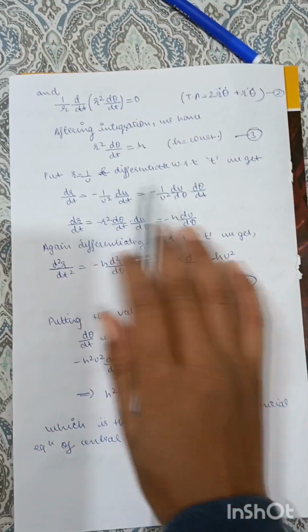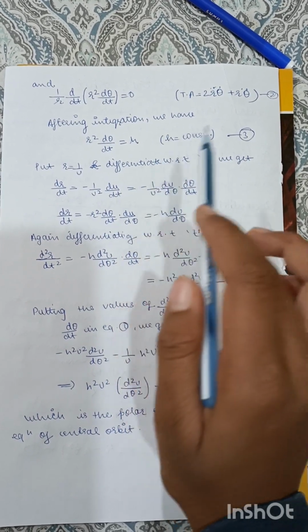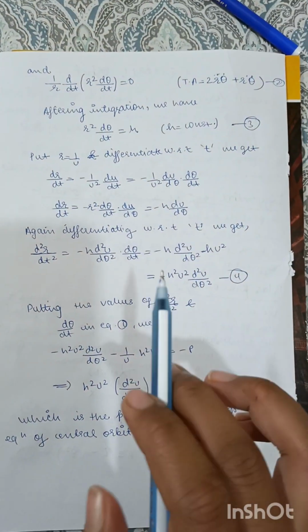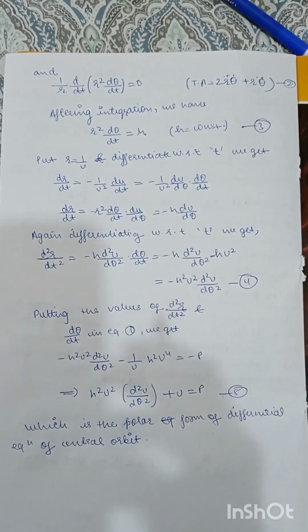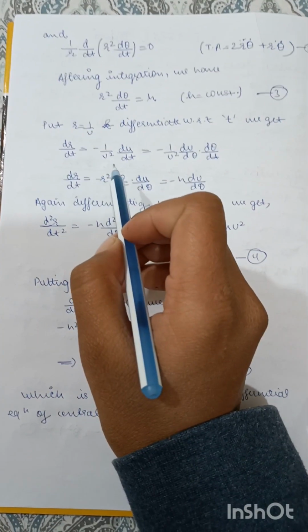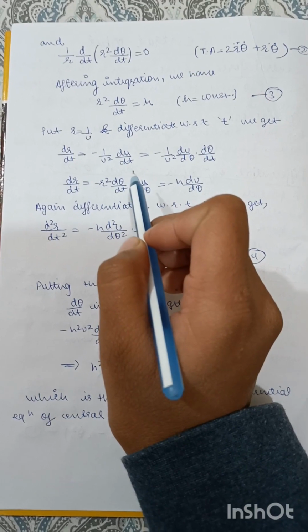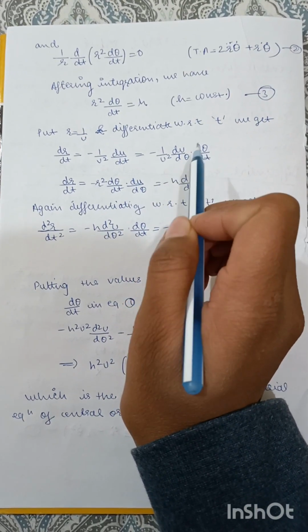After integrating, we have r square d theta upon dt equals h, where h is a constant. We call this equation 3. Put r equals 1 upon u and differentiate with respect to t. We get dr by dt equals minus 1 upon u square du by dt, which is minus 1 upon u square du upon d theta times d theta upon dt.